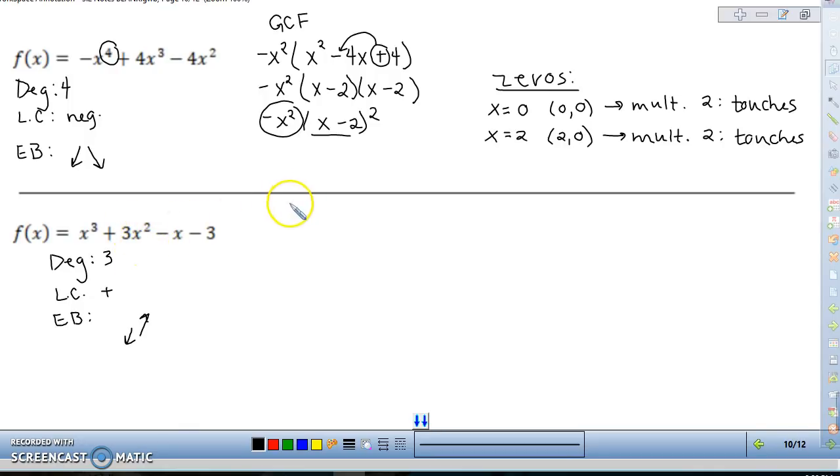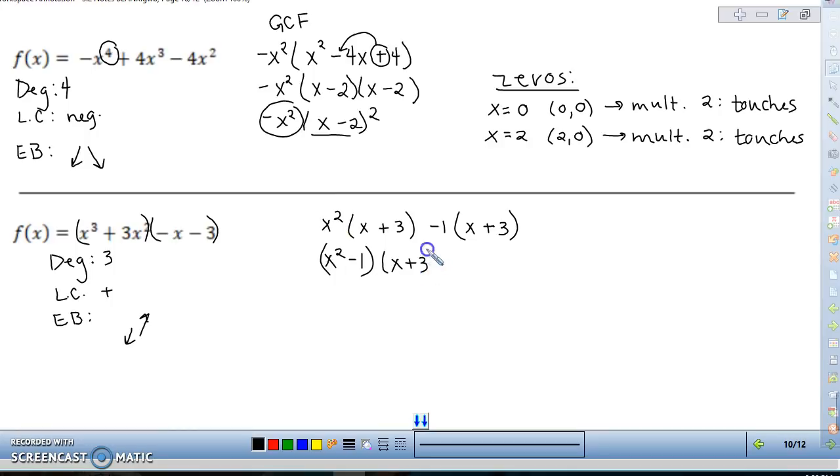We are back to 4 terms here, so we are going to factor by grouping. My first group, I can factor out an x squared, and my second group, I can factor out a negative 1, which means (x squared minus 1) times (x plus 3).